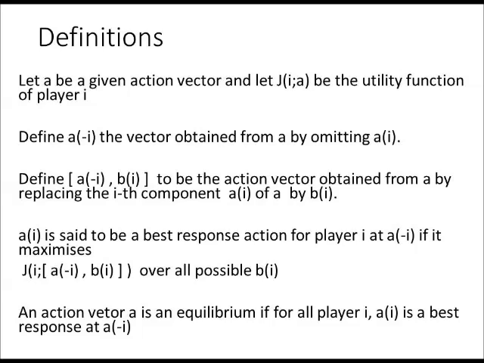Consider a vector of actions for all players, denoted by A. For this A, we define J_i(A) as the utility function for player i.